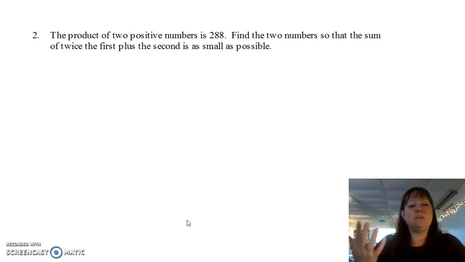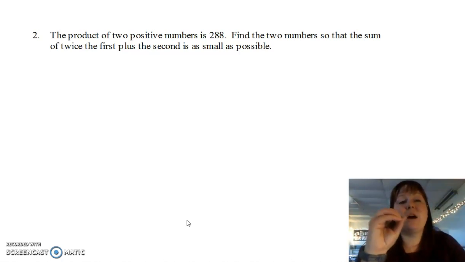This one would be something you could use in business. There are businesses that have two different costs, and they want them to multiply to 288, and they're trying to minimize those costs as much as possible. This could be something like area, right?